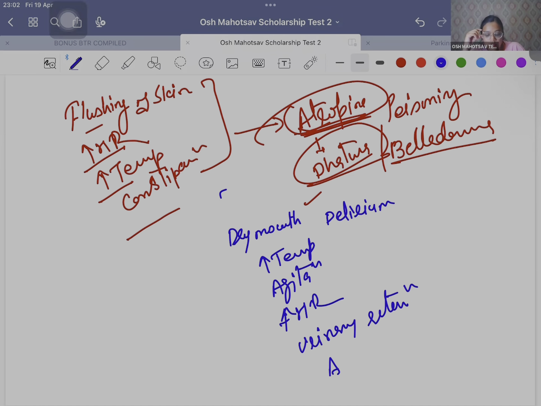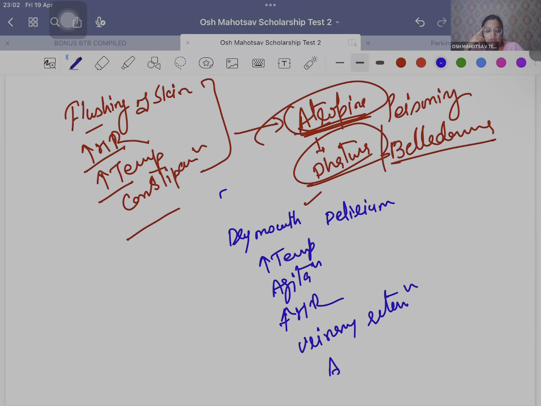Variant 2, fifth. Okay, in variant 2 fifth, they have mentioned that he is not... that is not clear, so we didn't consider this question also. He is now presented with nausea, vomiting, tachycardia, restlessness, and excessive urination, means diuresis. So what happened? The patient is taking theophylline, and after that he is having pneumonia. For pneumonia, he has taken some antibiotic. Now after taking the antibiotic, he is having nausea, vomiting, tachycardia, restlessness, and diuresis.